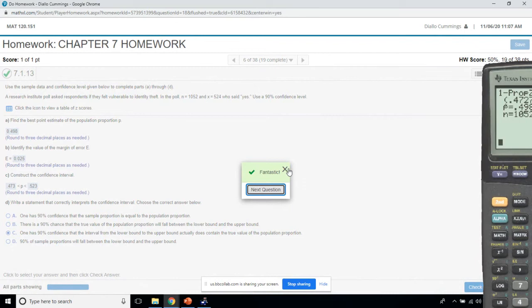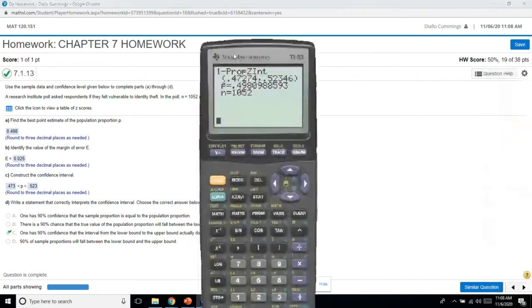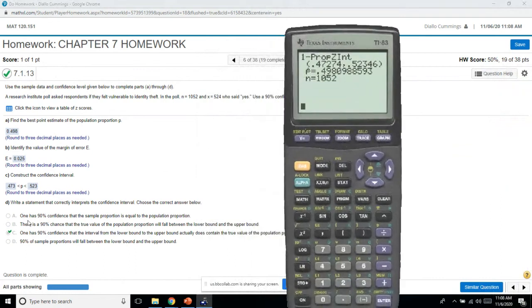All right, so in this example, we manually calculated a Z interval, or P interval, and we interpreted it. We also used the calculator to construct a confidence interval.